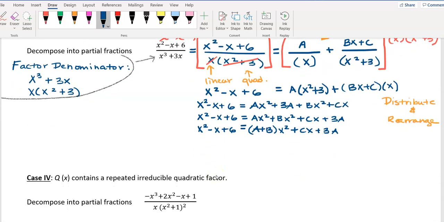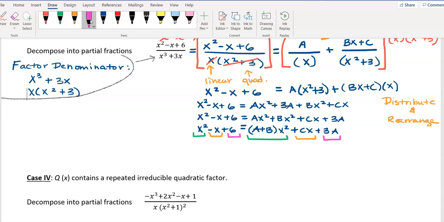Now that I have all of these set up, I'm going to look at their coefficients to help me solve for a, b, and c. For the quadratic term, I see that I have an x squared on the left and an a plus b x squared on the right. For the linear term, I have a negative x and a cx. And for the constant term, I have a 6 and a 3a.